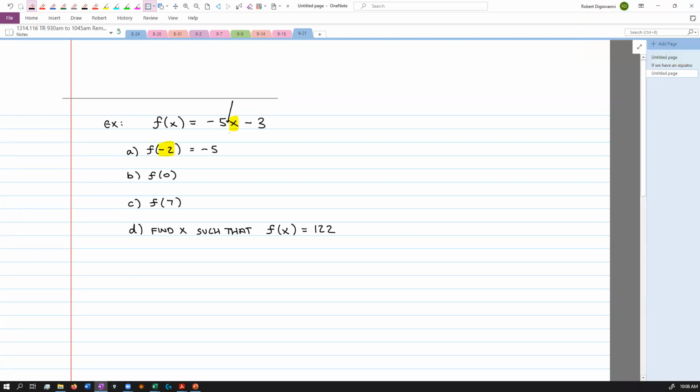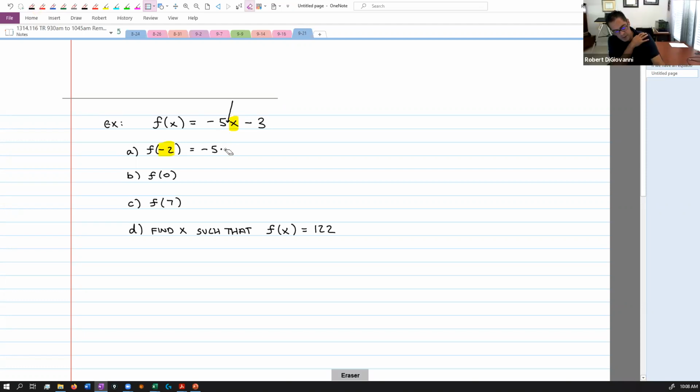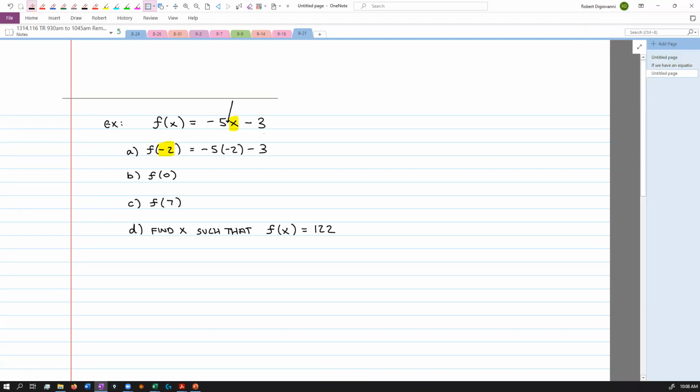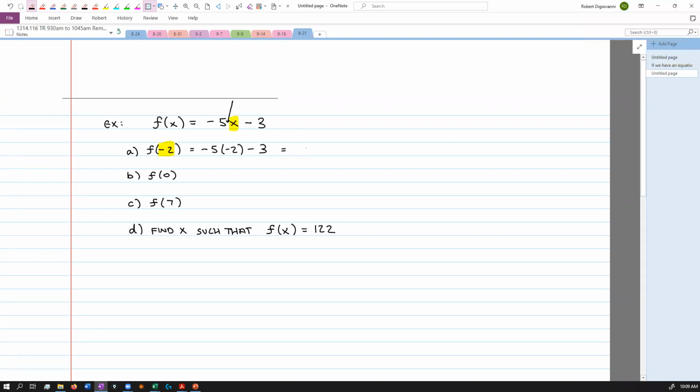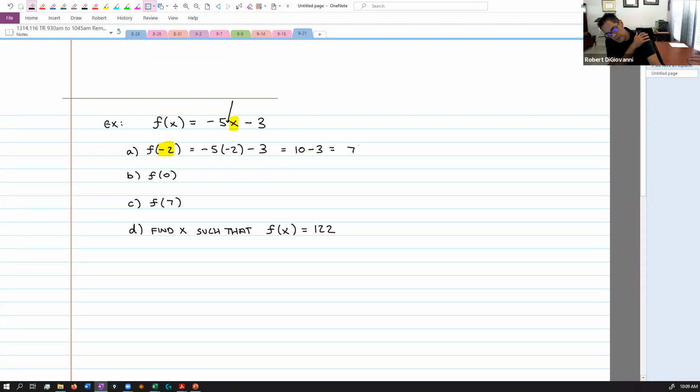Times. So negative 5 times negative 2. I'm going to do it in parentheses just so we don't mess up the signs. And then we do minus 3, right? Yes. So you do the multiplication first. Negative 5 times negative 2. Two negatives multiply to be a positive, right? Yeah. So 10. Take away 3. 7. Okay, there we go.